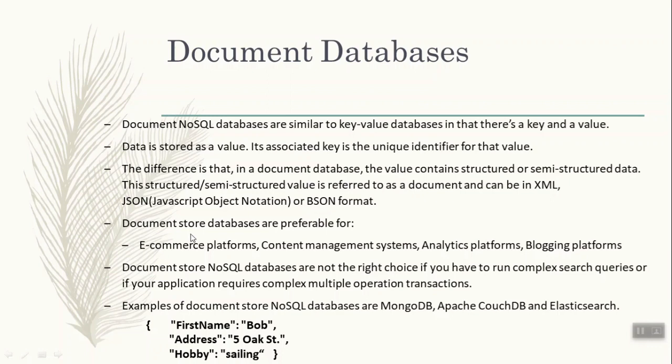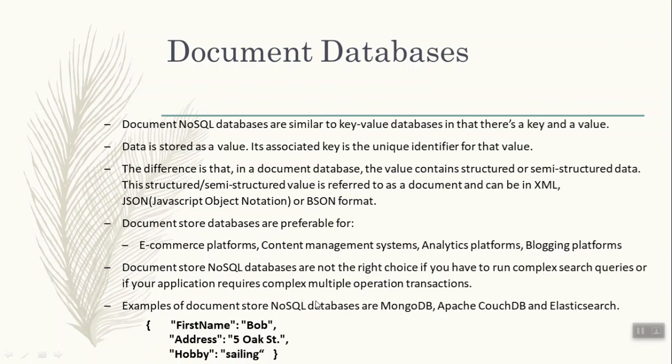Document store databases are preferable for e-commerce platforms, content management systems, analytics platforms, and blogging platforms, where the data is large in number. Document store NoSQL databases are not the right choice if you have to run complex search queries or if your application requires complex multiple-operation transactions.